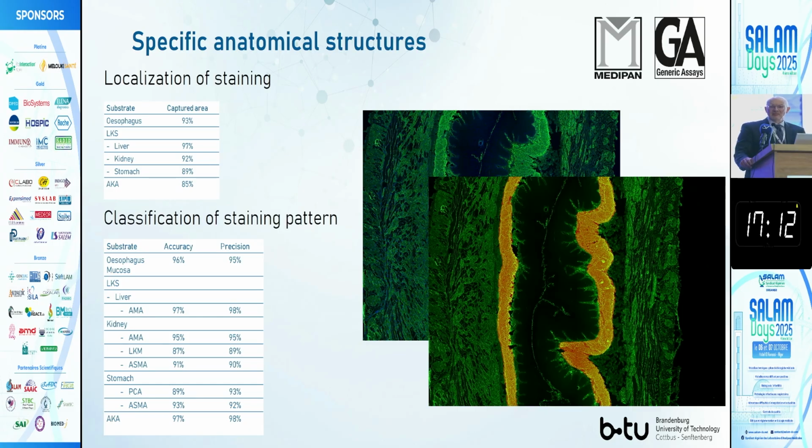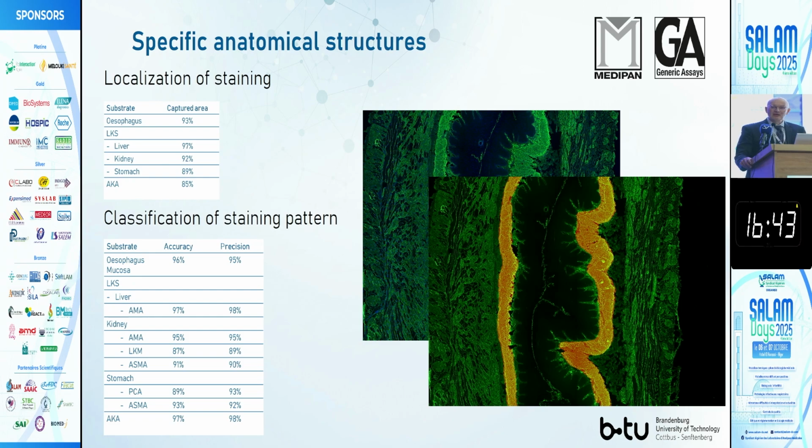This is a method that is used for the detection of antibodies that you find in patients with celiac disease. It is the monkey esophagus that is here the autoantigenic target, and we are talking about the tissue transglutaminase, which is located in this muscular layer that is stained in the FITC channel.